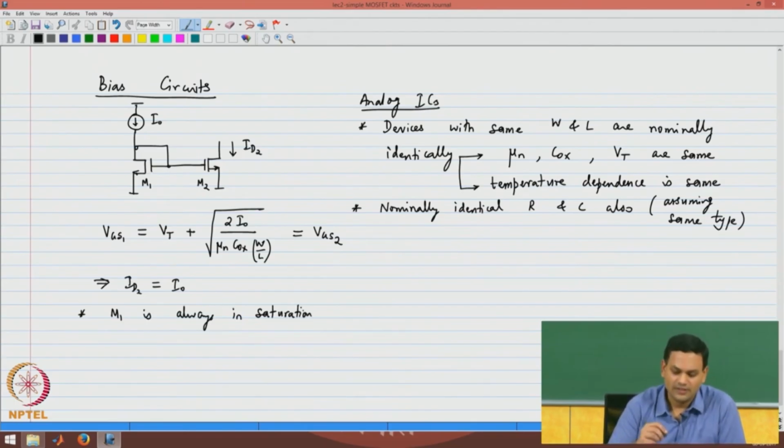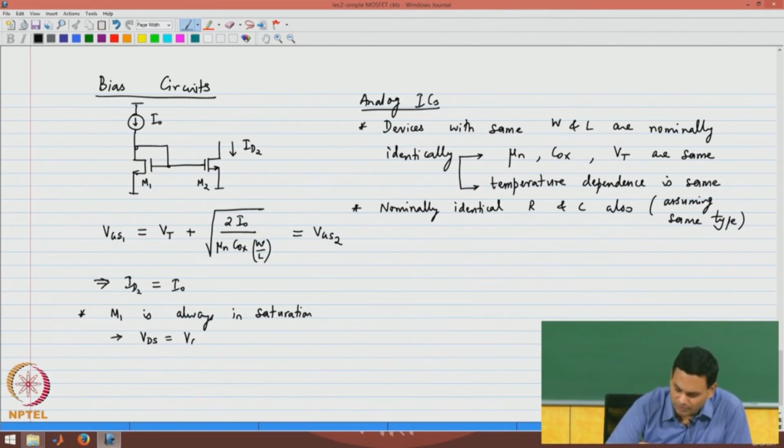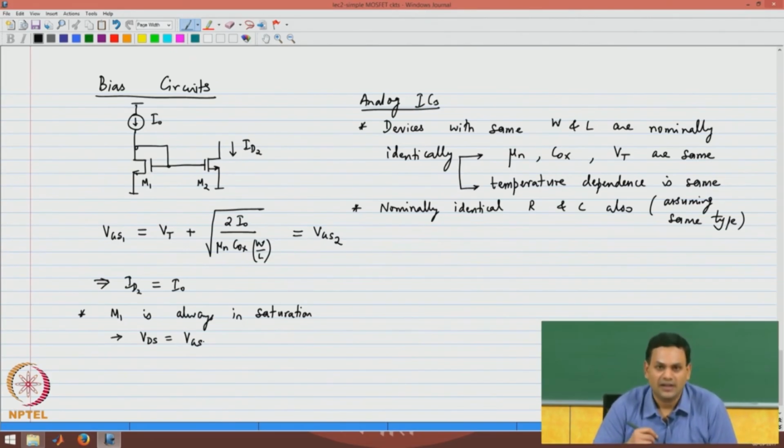This is because the drain source voltage for M1 is equal to the gate source voltage, and clearly the condition for the MOSFET to go out of saturation into triode is for the drain source voltage to be lower than VGS minus VT, and this is clearly not the case, it is one threshold voltage away from that.